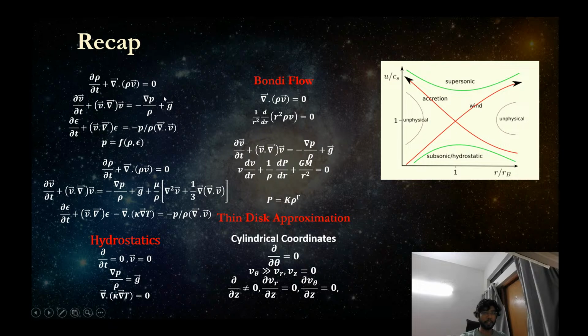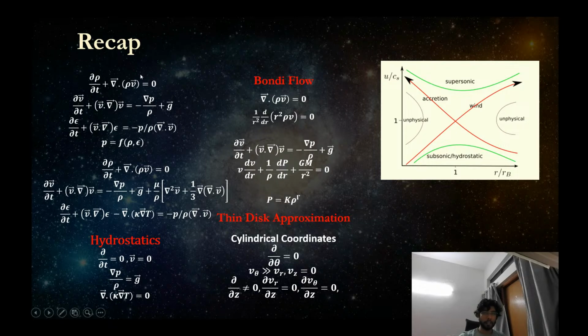These equations are supplemented with an equation of state, which is the relation between the pressure, the density and the internal energy. So we now have six equations and six variables, which can be solved exactly to obtain the unknowns. And given the boundary conditions and the initial conditions, we can exactly solve this for any system.